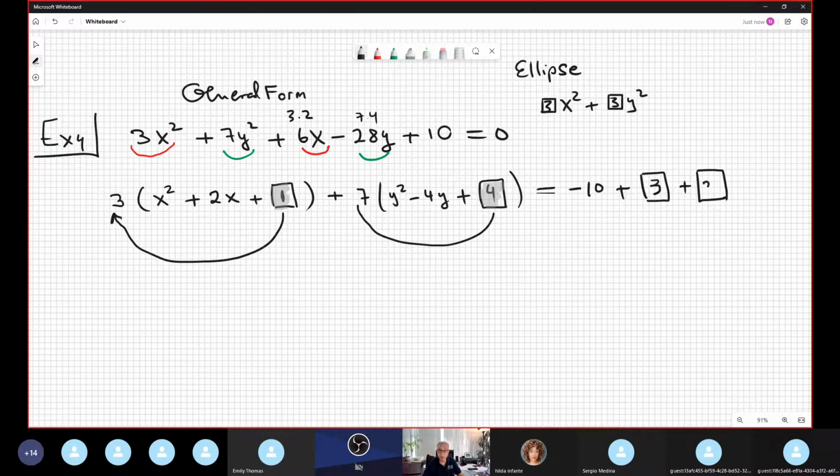Be careful. When they encircle, it's easy because we have no coefficients here, or the same coefficients. In this case, it's different. You put artificially this 1 inside the parentheses, but actually it's not 1, it's 3. And this 4 is not 4, it's 28, because 4 times 7 is 28.